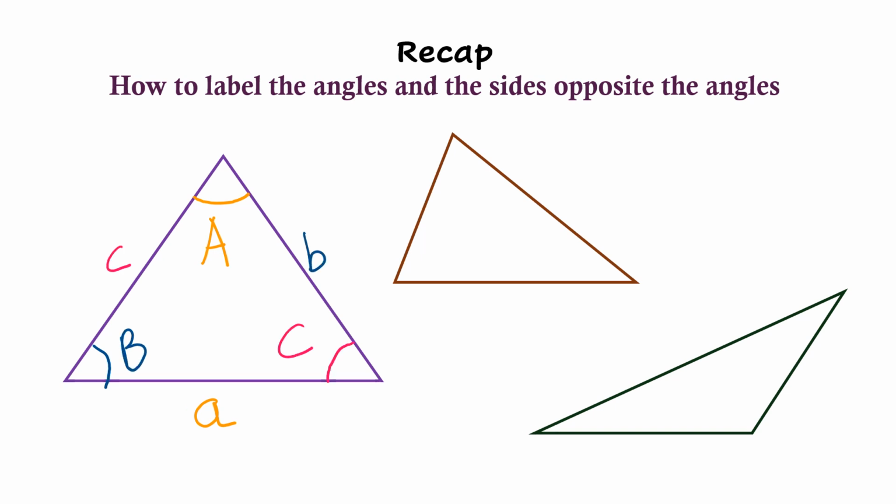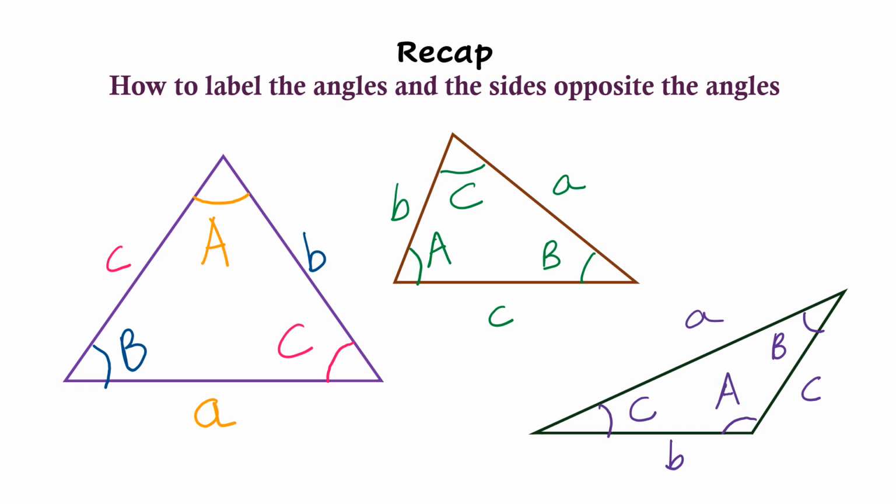Let's look at another example. And the last one. To summarize, the angles are usually labeled using uppercase, and the sides opposite the angles are usually labeled in lowercase.